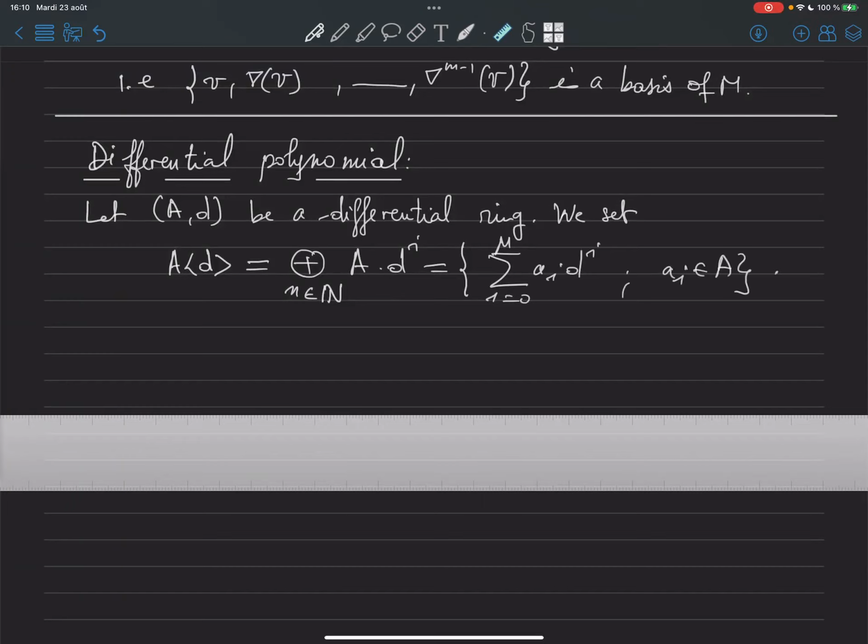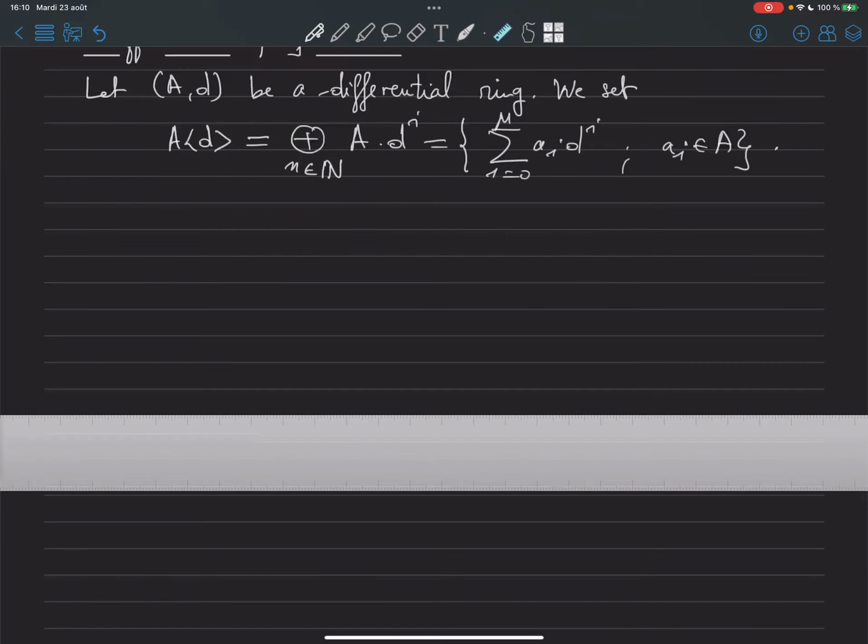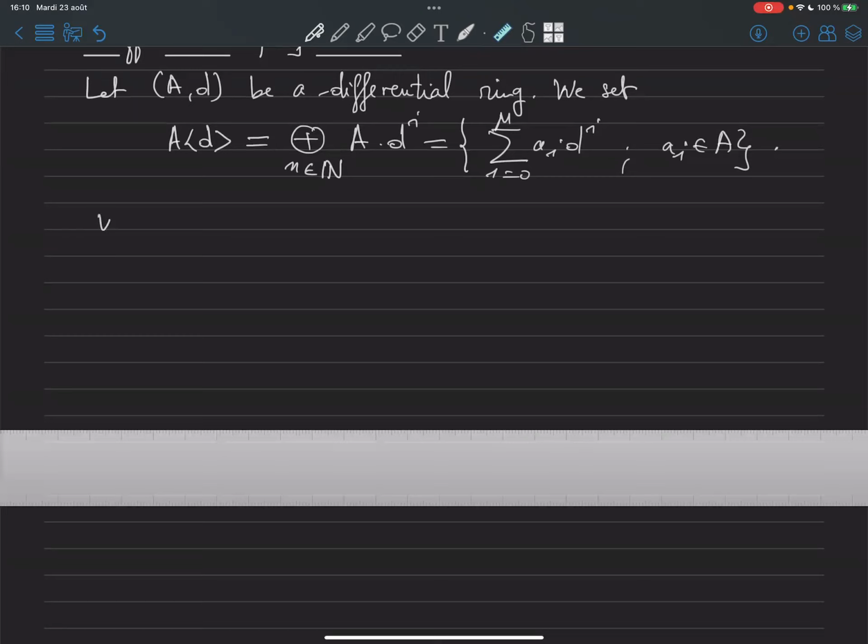Then it's the same definition for the addition. However, for the multiplication, since the derivation doesn't commute with the elements of A, the multiplication will not be commutative.